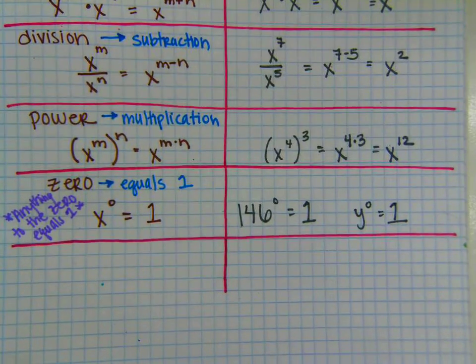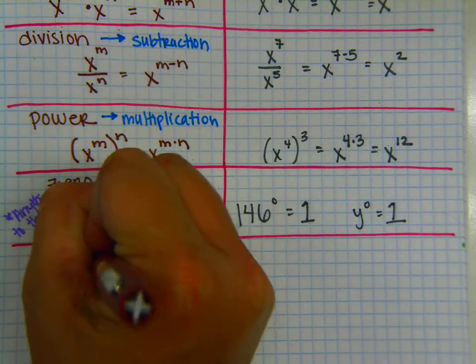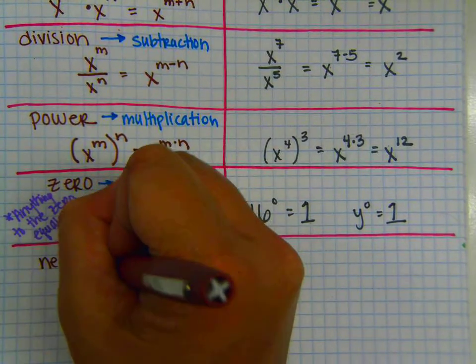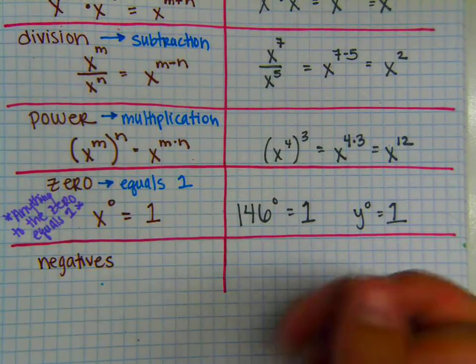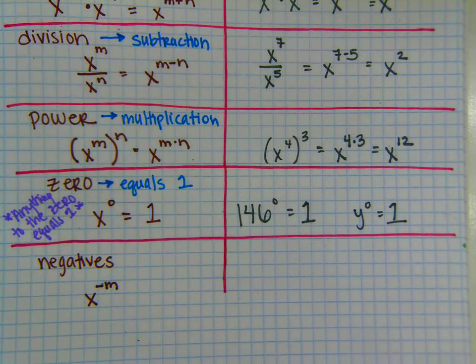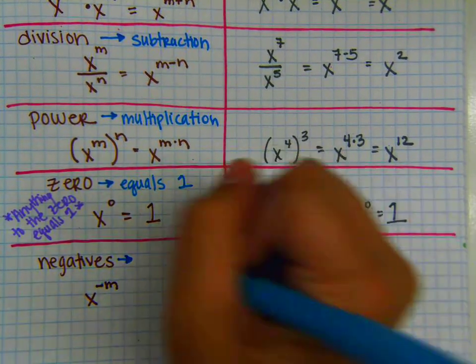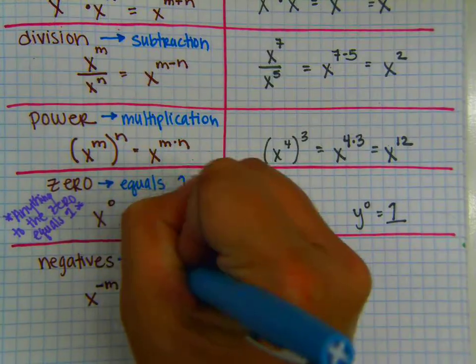And then our last rule is going to be the negative exponents. And that could look like x to the negative n. Now when you have negatives, you're going to do the reciprocal.